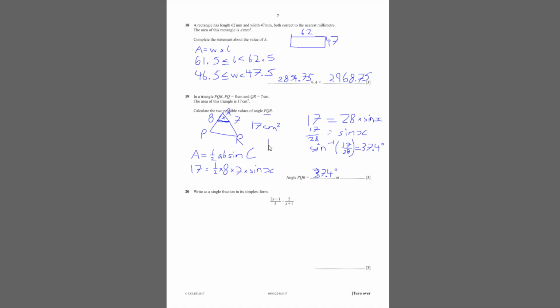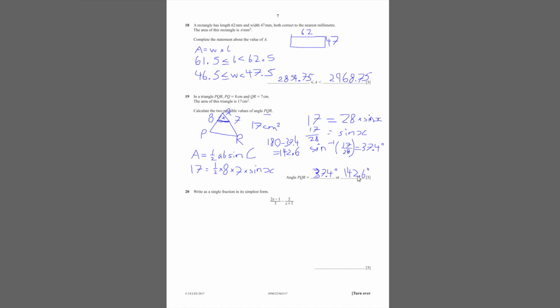So, we have 180 degrees minus 37.4, and that equals 142.6. And that will be our second answer, 142.6 degrees.